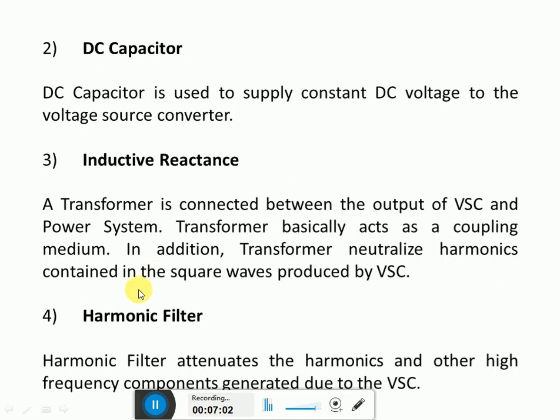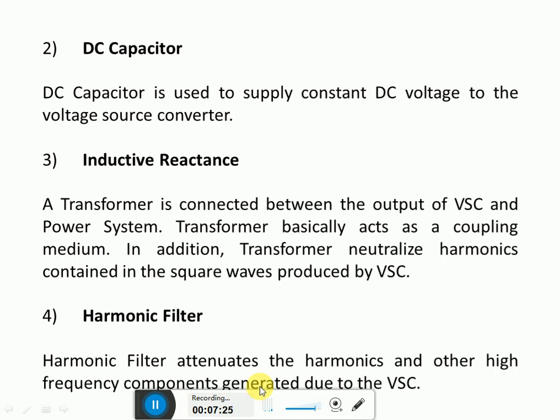Now we have the next component, which is the harmonic filter. It attenuates the harmonics and other high frequency components which were generated due to the use of the voltage source converter. Why does the voltage source converter generate harmonics? Because of the switching frequency.